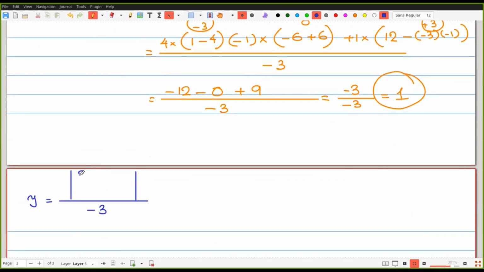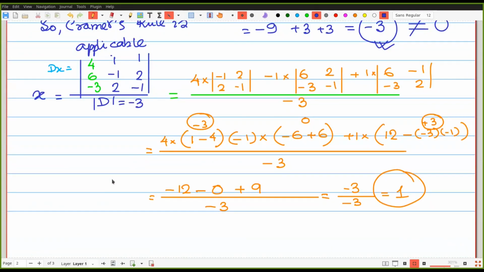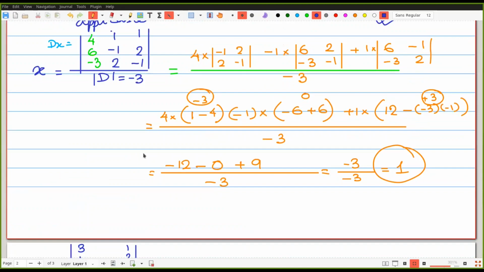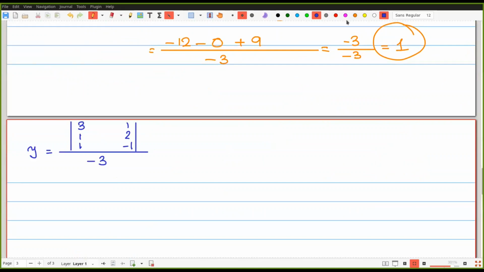Okay, so that is 3 1 1. Third column must be 1 2 minus 1, no change, 1 2 minus 1. But the second column is now for y, so that should be replaced with the resultant 4 6 minus 3, that is 4 6 minus 3.